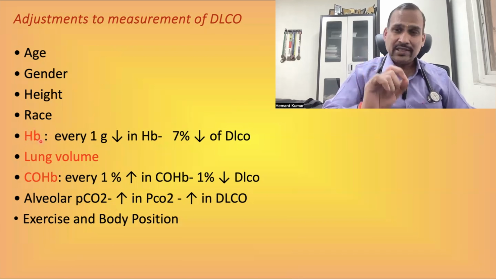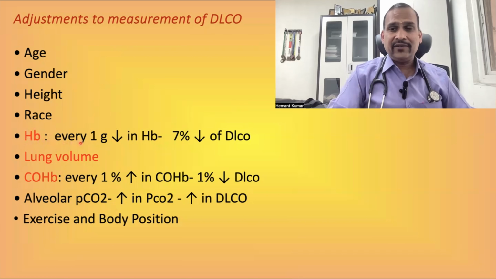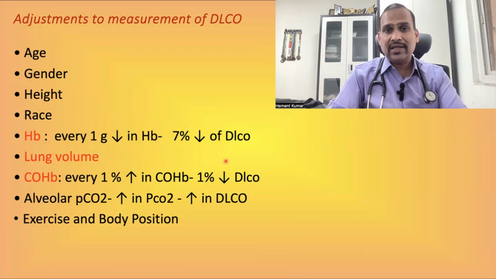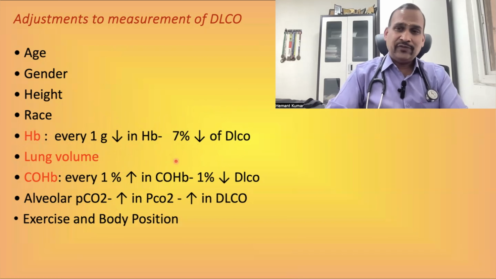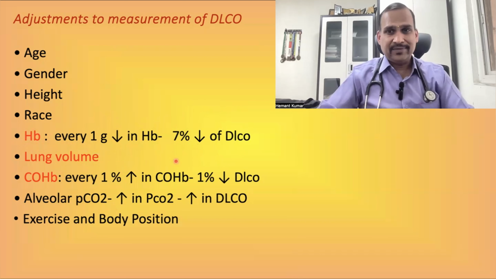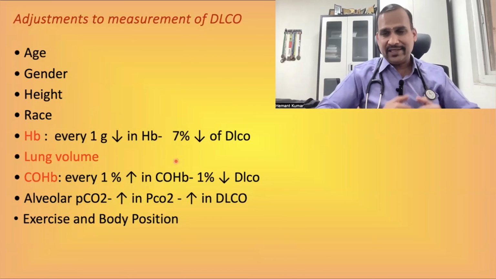If we do not see hemoglobin, it will give a false report, because every gram of hemoglobin reduction reduces DLCO by 7%. So say for example, the patient's hemoglobin is 7. So DLCO will be less, definitely.